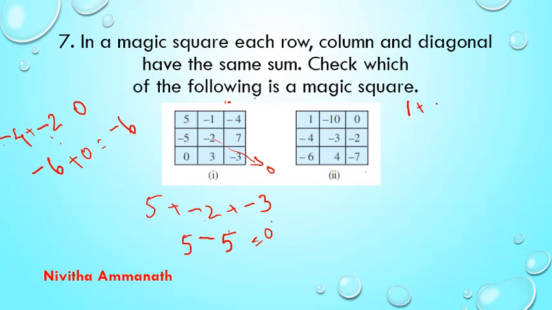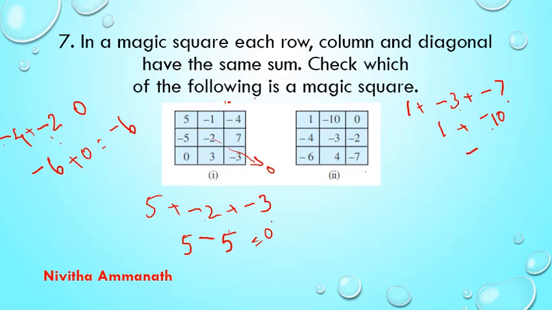1 plus minus 3 plus minus 7. Minus 3 plus minus 7 is minus 10. 1 plus minus 10 means a positive integer and a negative integer. So we find the difference and put the sign of the greater integer. This 10 is greater. So which is the sign?